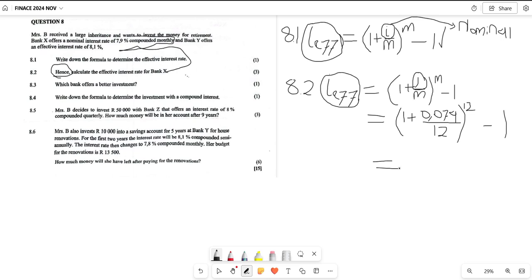Then we have 0.082. Here we have I effective in number form. Remember, it is an interest rate, so it must be in percentage. To convert it to percentage, we multiply everything here by 100%.